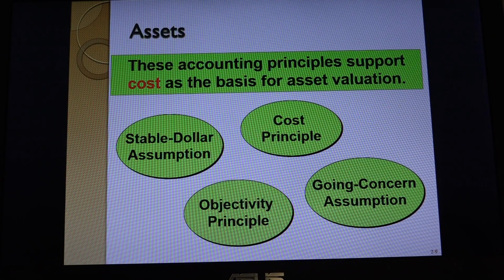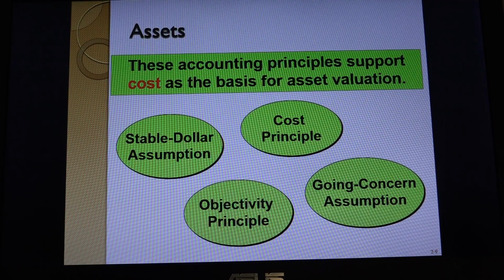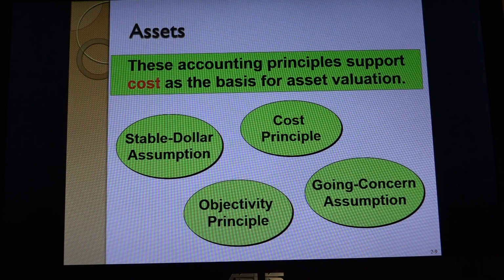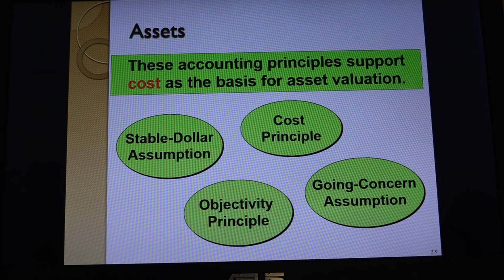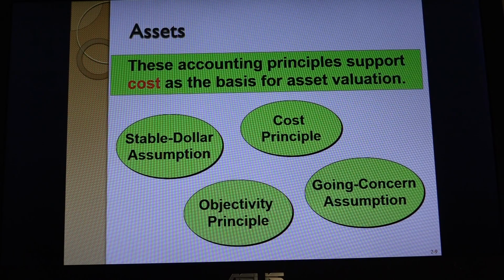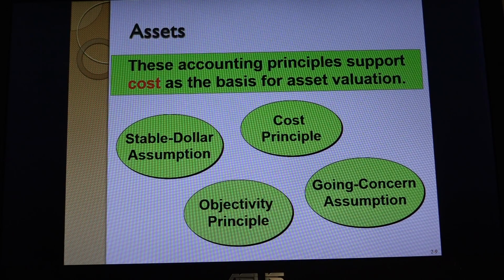We report assets and we report liabilities at cost. The whole idea behind cost versus, let's say, fire sale value is the fact that we expect this business to be a going concern now and on into the future as far as we can see. So you've got that going concern assumption.